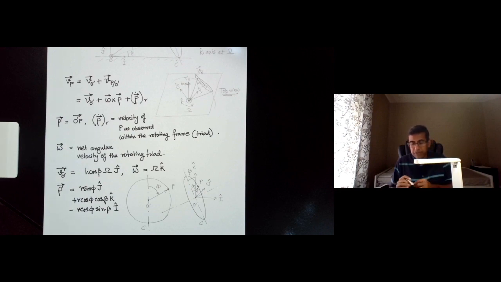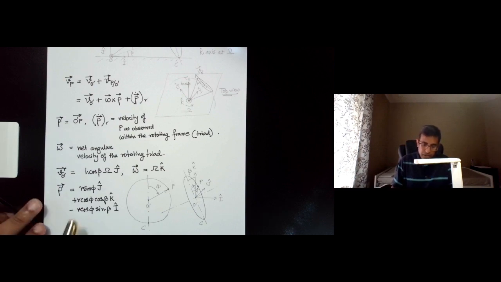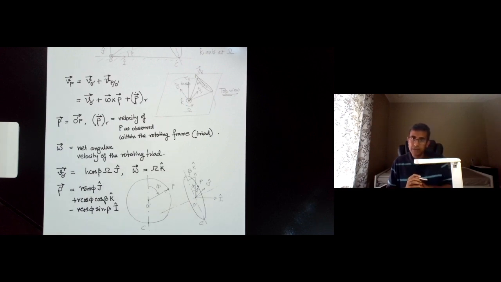It's a little bit complicated because there is a little bit of solid geometry involved here, but that's the way we find this vector rho in terms of the IJK triad that we have chosen.